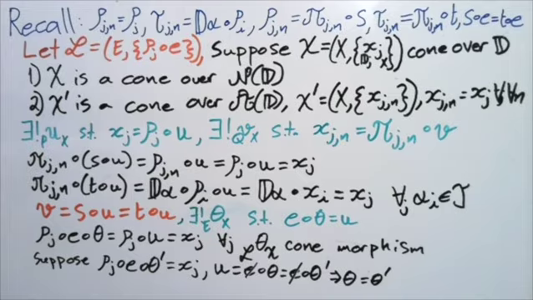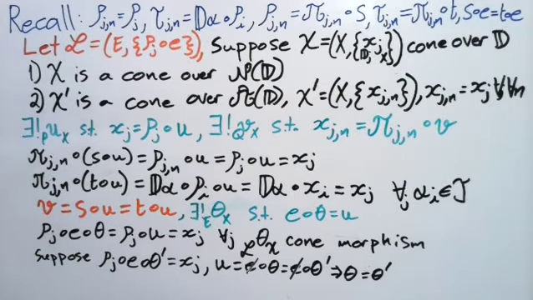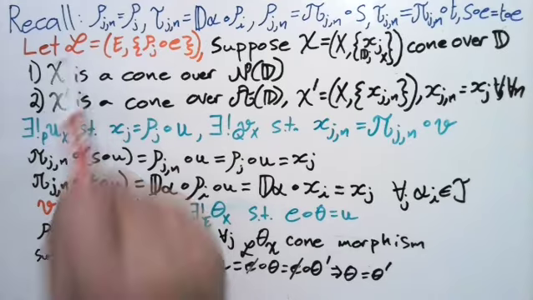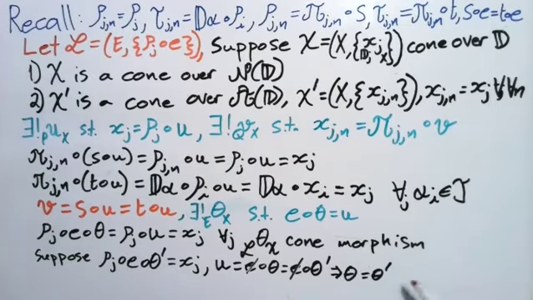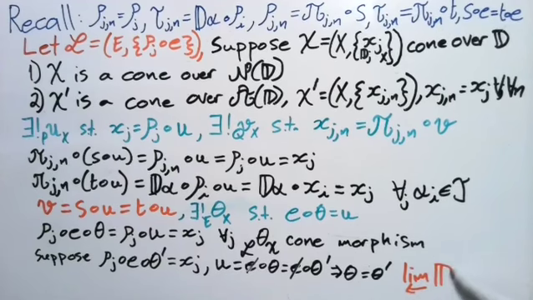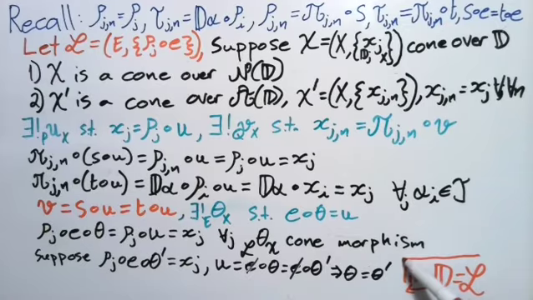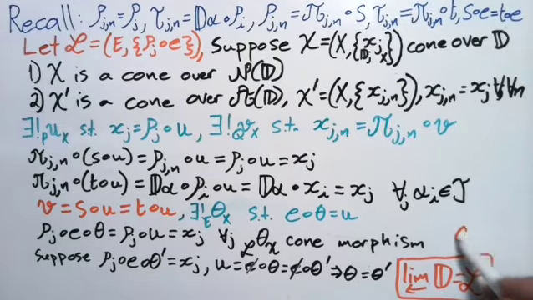And so we have found the required mediating morphism, theta, going from X into L, right? And so we can say that we do have a limit over D. The limit over D is L. And that gives us QED.